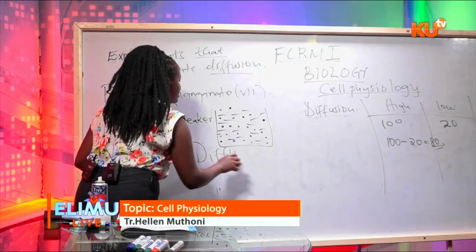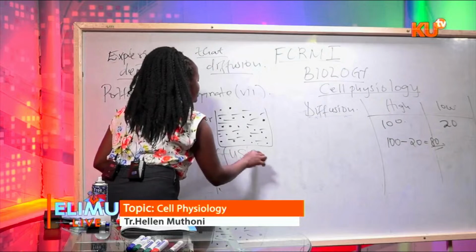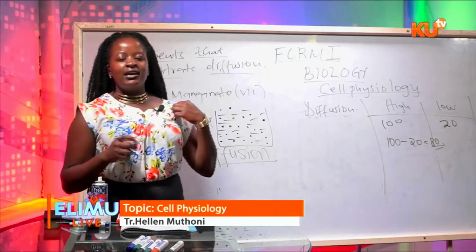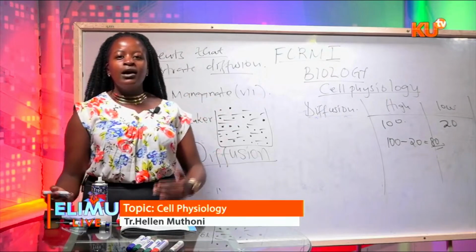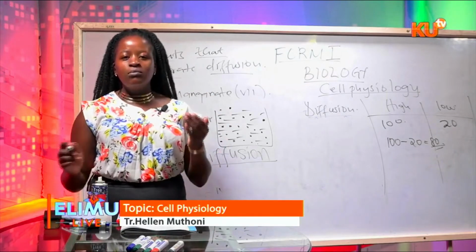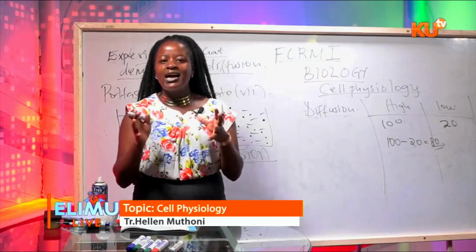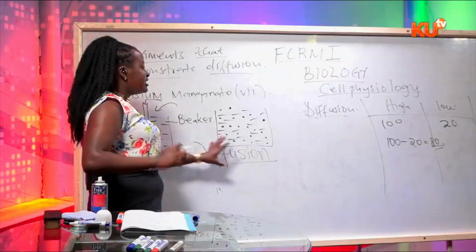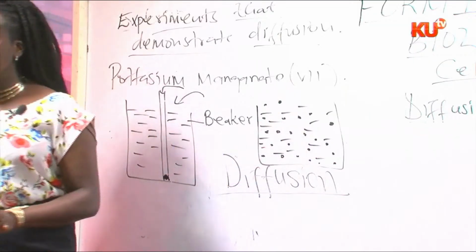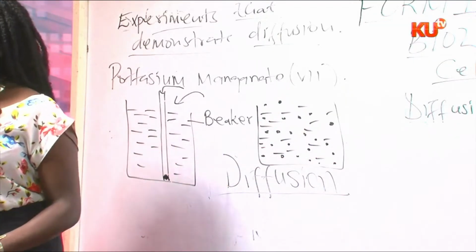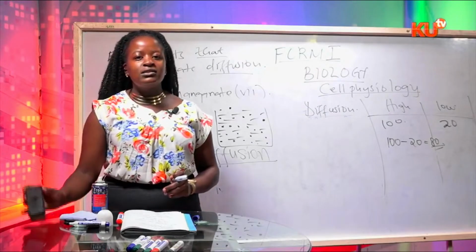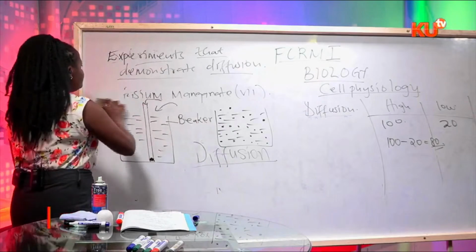Every particle is moving from where it is in high concentration, this point, and spreading to where it is in low concentration. That is the first experiment used to demonstrate diffusion.